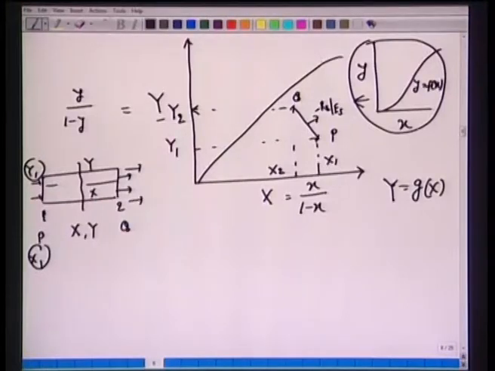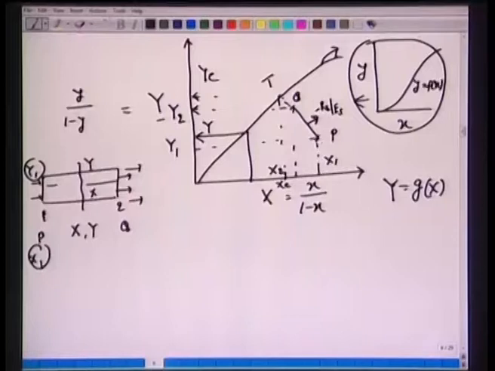So we have this equilibrium curve and we have this operating curve. What does the equilibrium curve give us? Suppose we choose any x here, it tells us what the equilibrium concentration is, which means if we extend this line PQ, we will obtain another point here. We can give some name here, say T, where we can mark this point as equilibrium, Ye in terms of Xe.